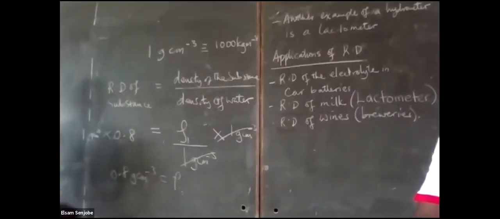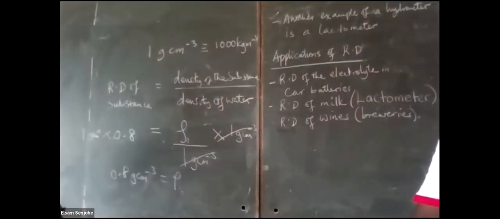Yes. Okay, my question has been answered. Yes, I was asking if you can find the relative density by dividing the density of the substance by the density of water, without the hydrometer.